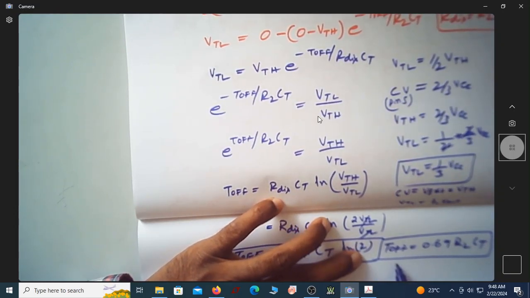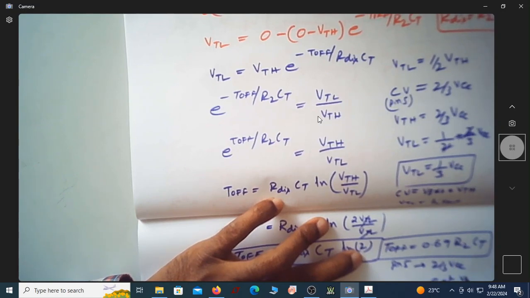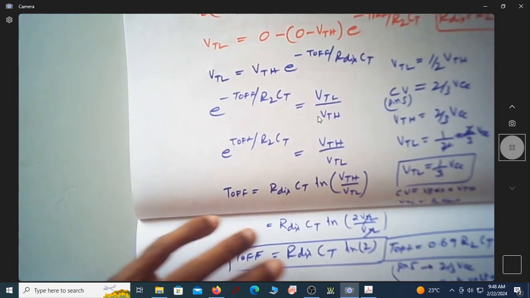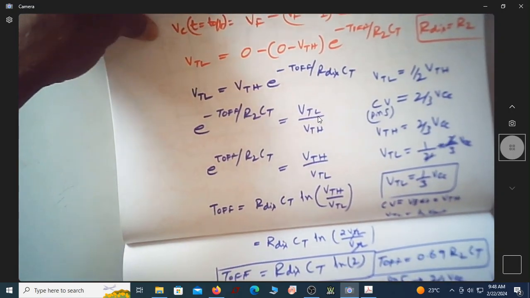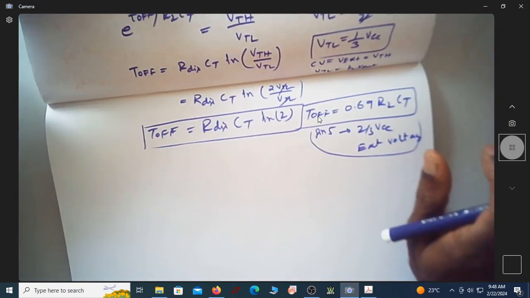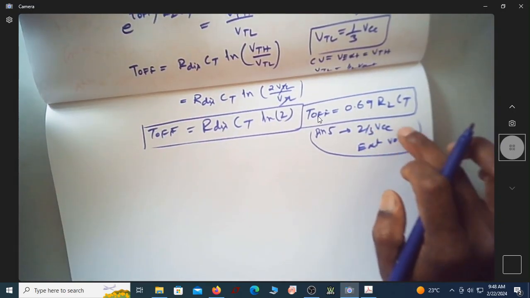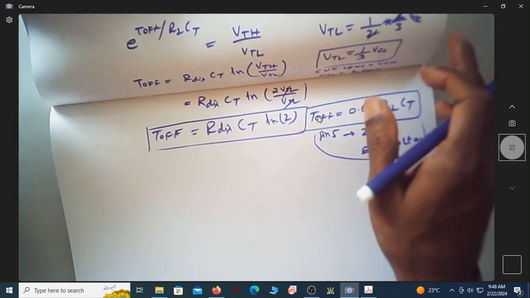So this is the case even if pin 5 is at 2/3 VCC, or you connect any external voltage. Whether you connect some external voltage or don't connect any voltage, it is always 0.69 R2 into CT.